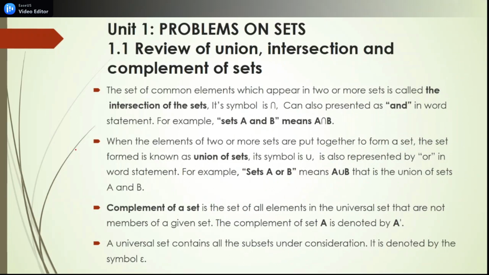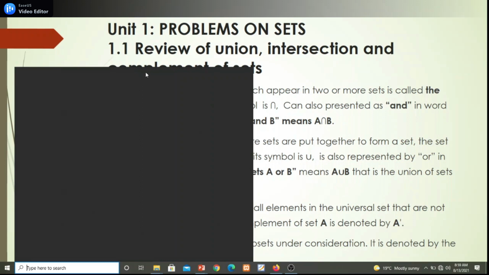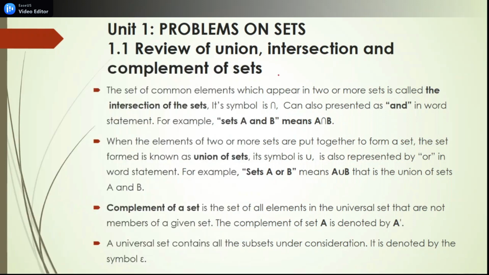Point 1. Review on union, intersection and complement of set. A set of common elements which appear in two or more sets is called the intersection.